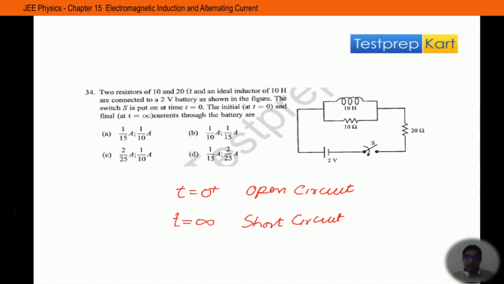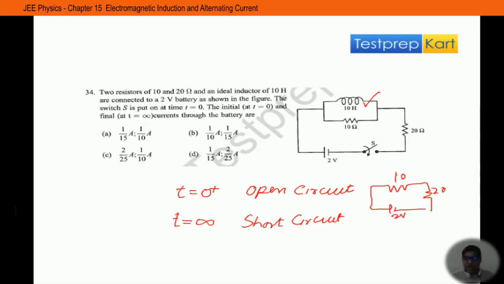So we can draw the equivalent circuit for time t equals to 0. At time t equals to 0, this inductor will be open circuited. So in this circuit there will be two resistances, one is 10 ohm, another is 20 ohm. So the net resistance is 30 and the supply is 2 volt.